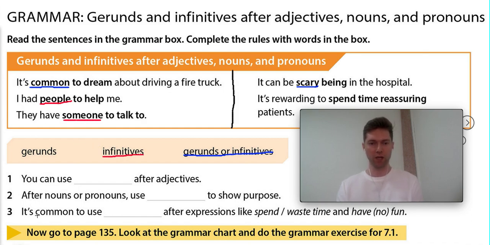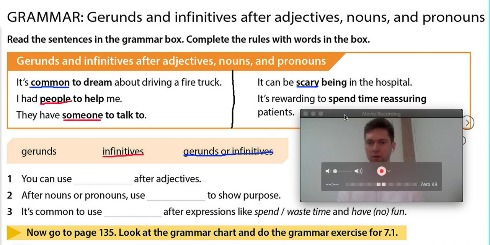Rule number three, it's common to use blank after expressions like spend, waste time, and have fun. Okay, we can see spend time here. Okay, and after spend time we use gerund. Okay, so gerund is for rule number three. Okay, simple as that. Three rules.